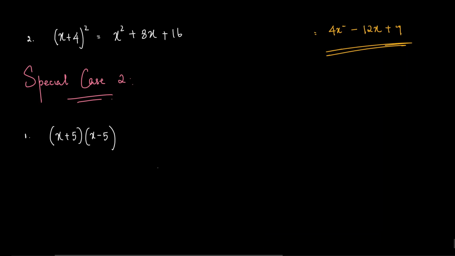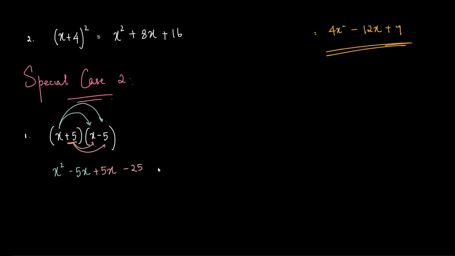Why is this special? Well, let's find out by expanding. So x times x is x squared, x times negative 5 is negative 5x. Then we go to the next one, so we go with plus 5. Plus 5 times x is plus 5x, and plus 5 times negative 5 is negative 25.